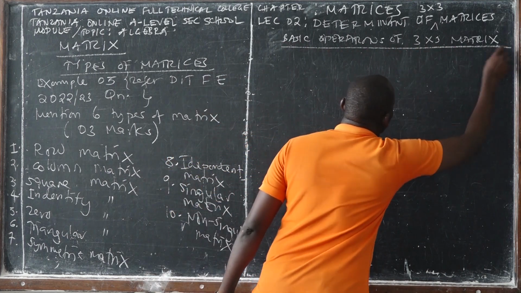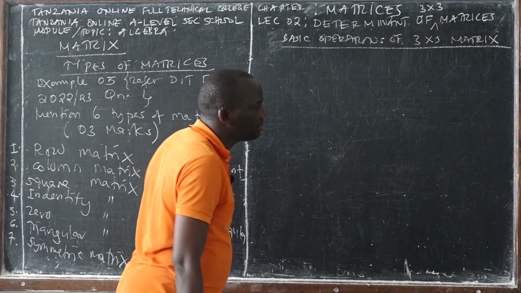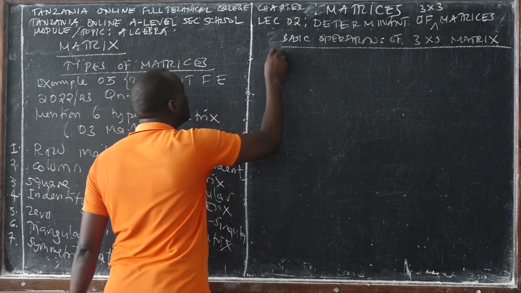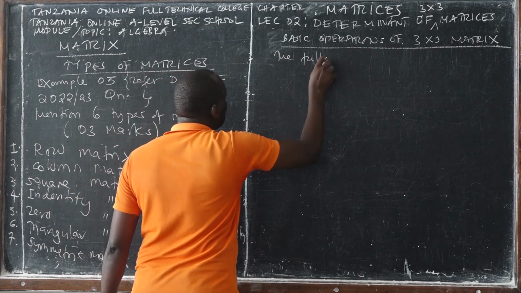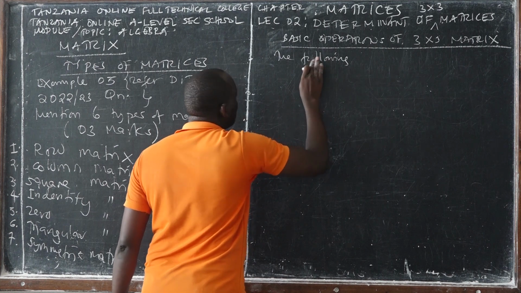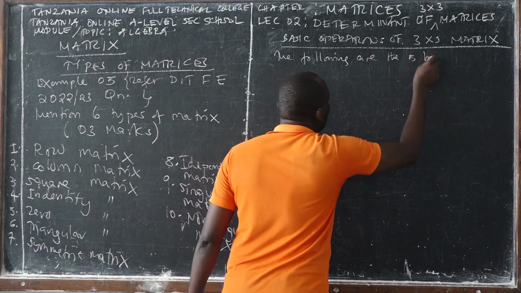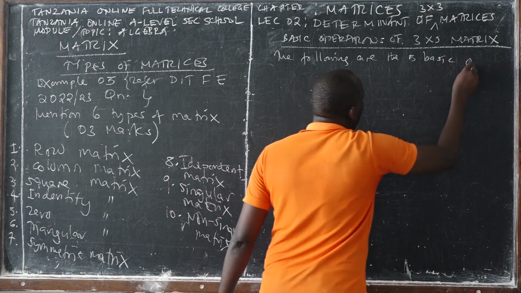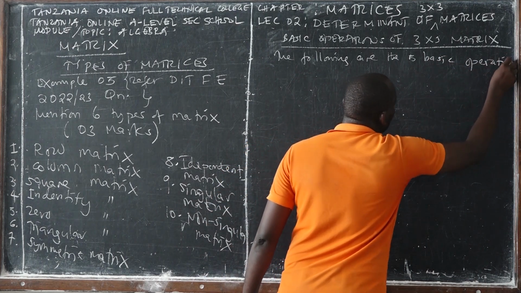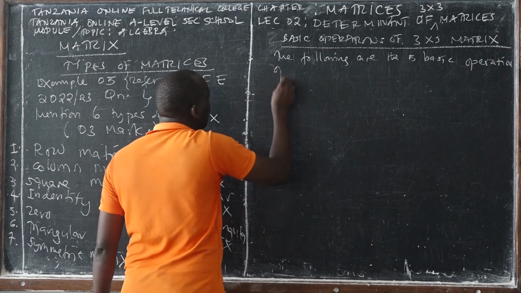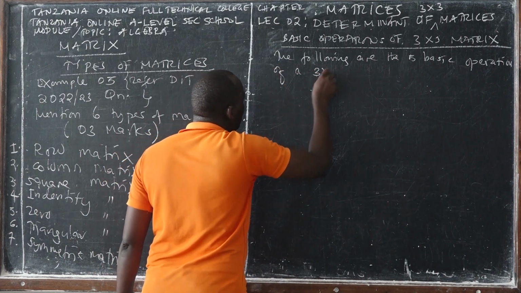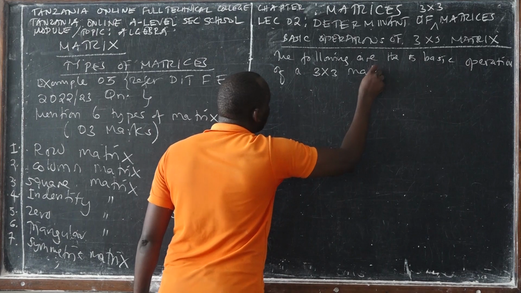Say basic operation of 3 by 3 matrix. So the following are the 5 basic operations of a 3 by 3 matrix.